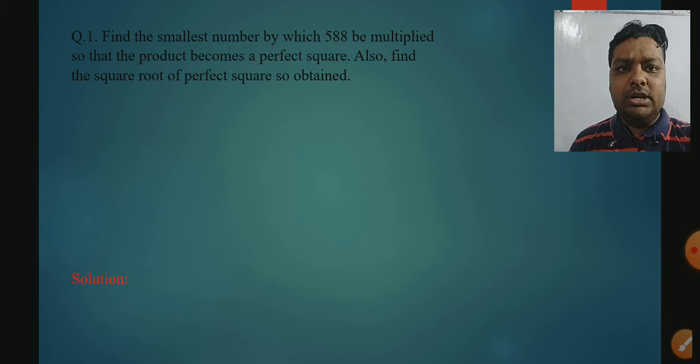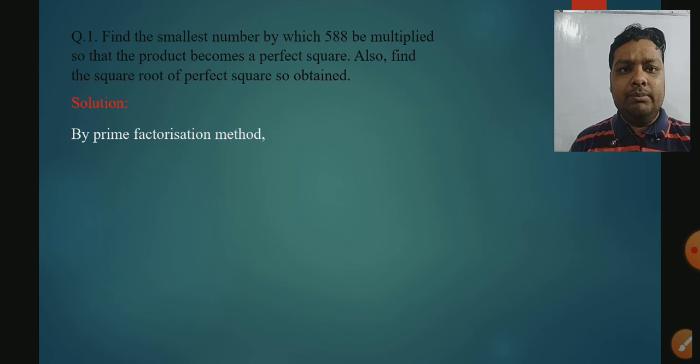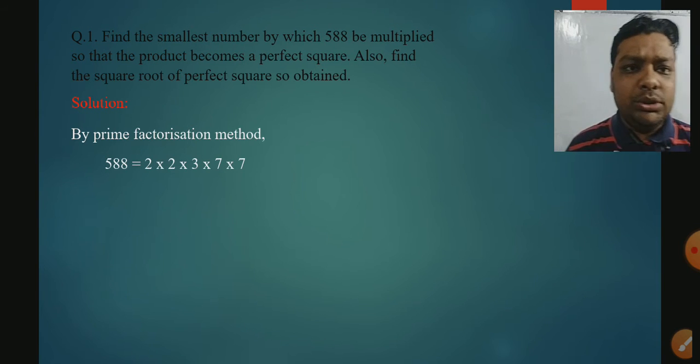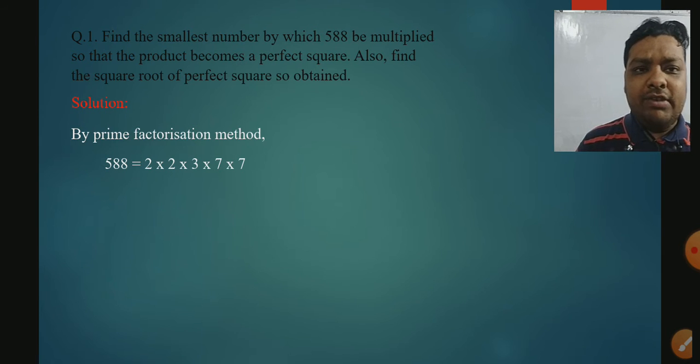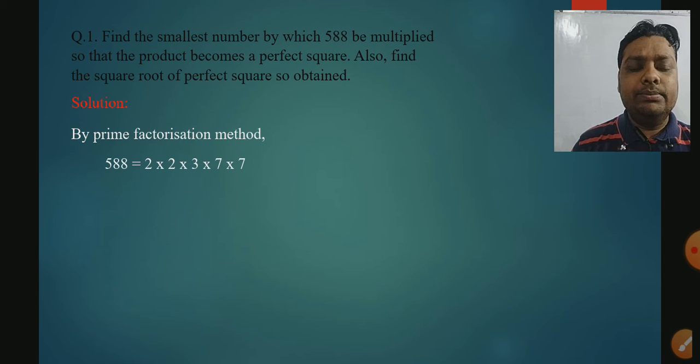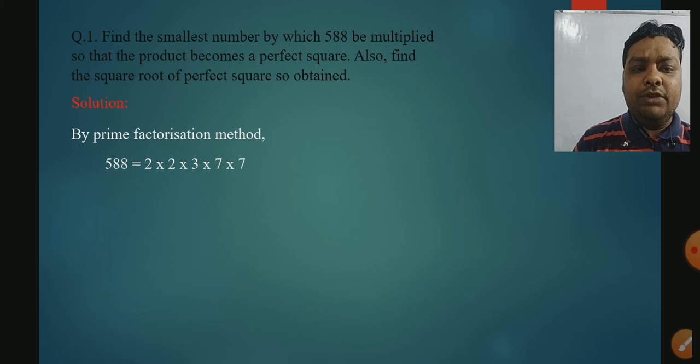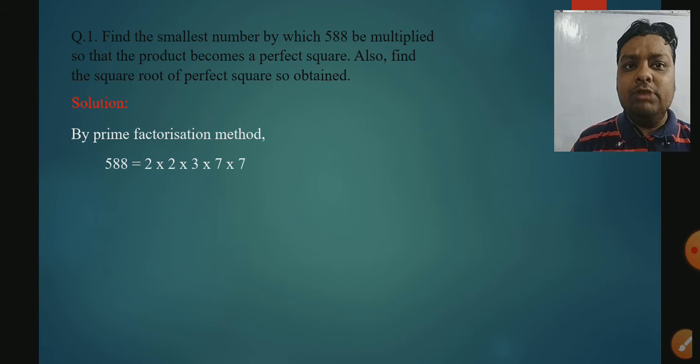At first we will find the prime factors of 588 by the prime factorization method. So we will get 2 into 2 into 3 into 7 into 7. Here you can see 2 has a pair, 7 has a pair, but 3 has no pair. There is only one 3, and if there were one more 3, then this number would be a perfect square.